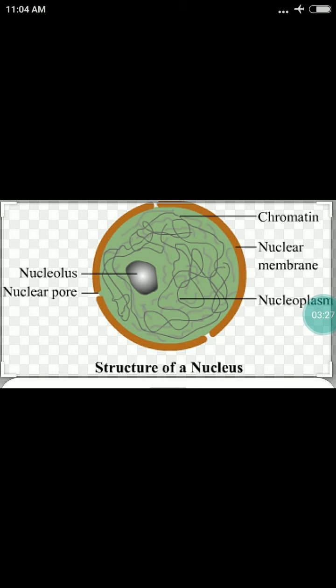In addition to nucleolus, thread-like structures called chromosomes are present in the nucleus. Chromosomes carry a number of genes. Genes are the hereditary units, which help in transfer of characters from the parents to their children.